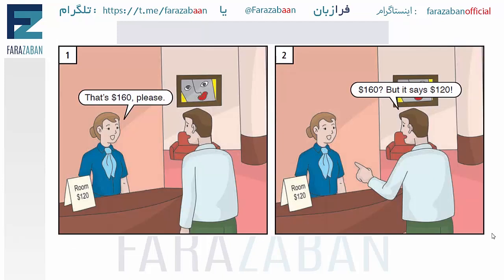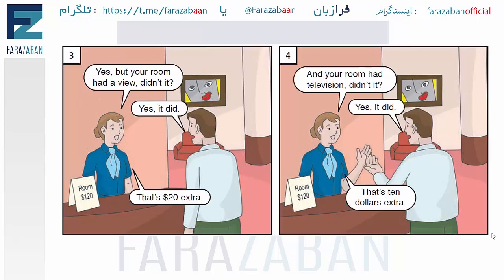Okay, let's see. That's $160, please. میشه $160 لطفاً. $160, but it says $120. Yes, but your room had a view, didn't it? Yes, it did. That's $20 extra. میگه اتاقت ویو داشت، یه ویو خوب داشت نداشت؟ میگه آره داشت. این میشه $20 اضافی. احتمالا حالا ویو دریایی، جنگلی، چیزی.